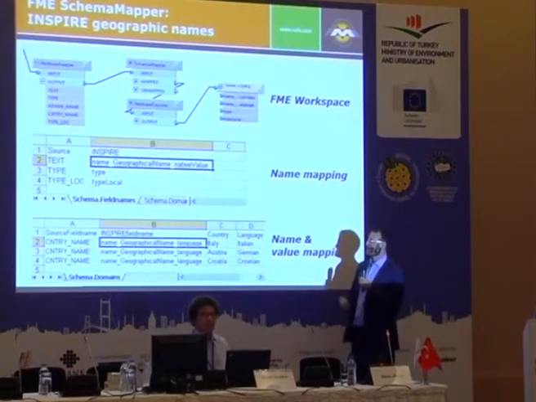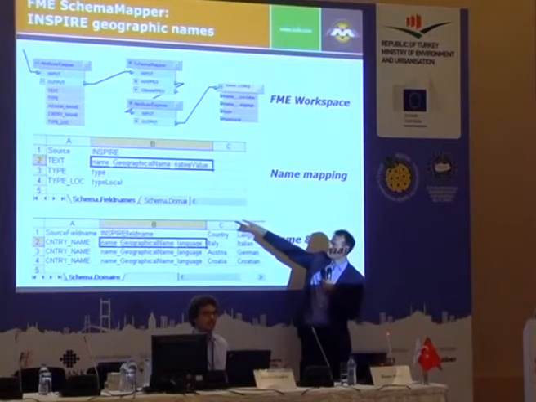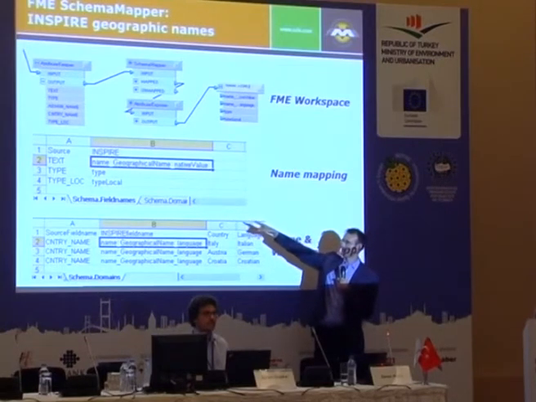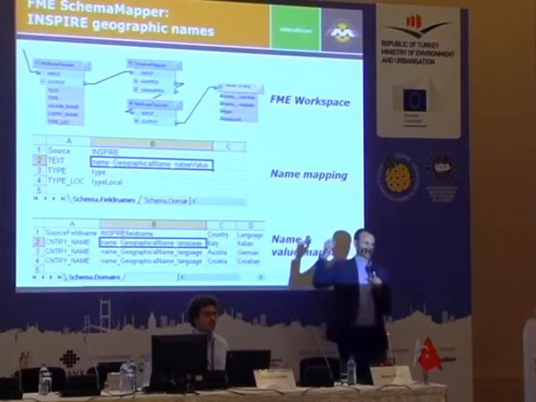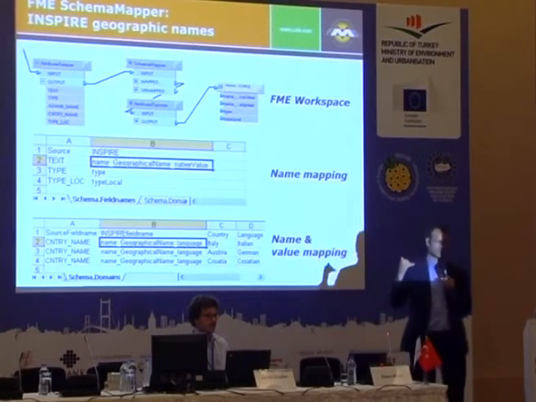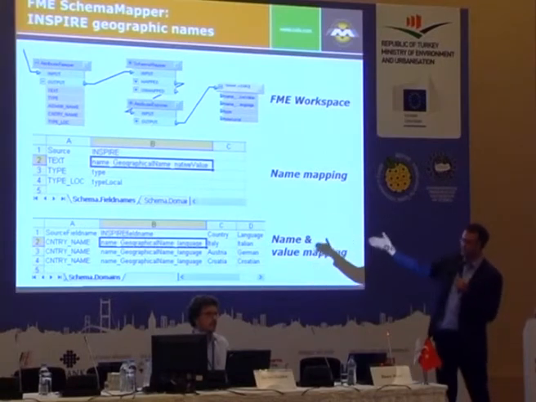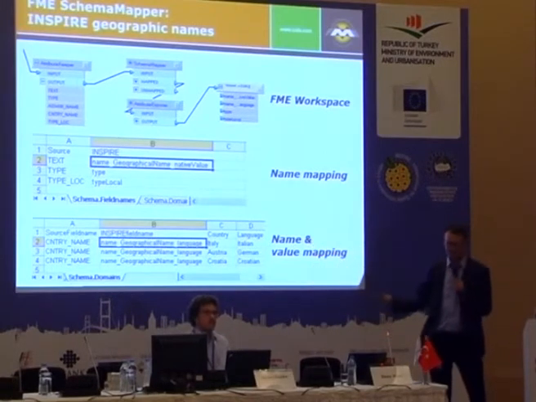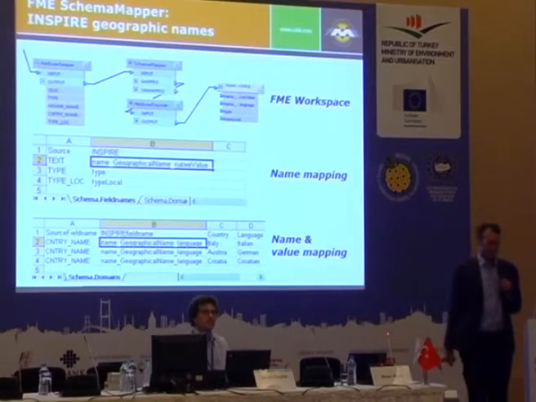So that's one example. And I'll just mention that in the attribute mapping, you could also do feature type mapping. So you could have one column where the source column is the source table name, and the destination side is the destination table name. So just different ways of doing schema mapping.